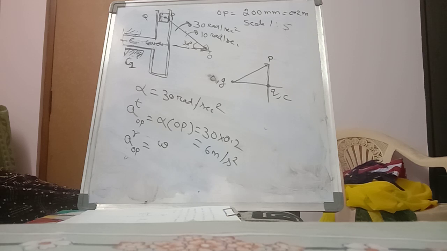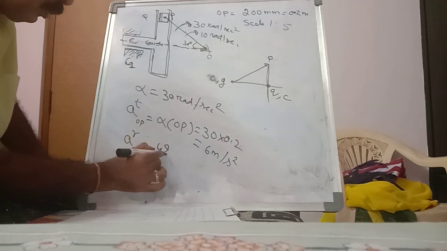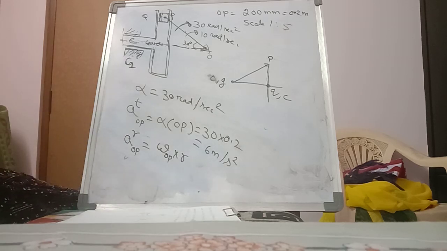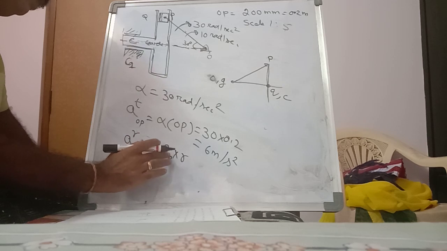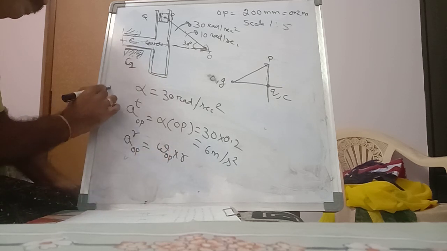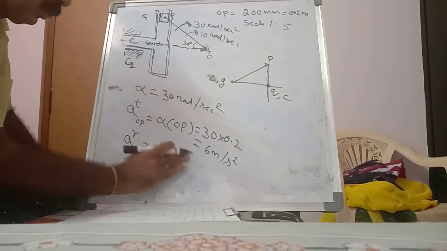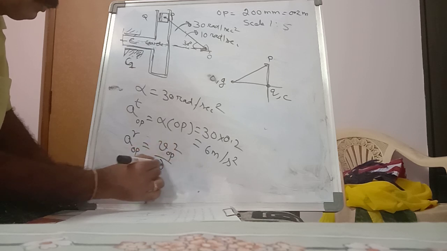AR is equal to omega square R, where omega OP is already determined as 2 pi N by 60. Since V is equal to R omega, it is nothing but VOP square by R.